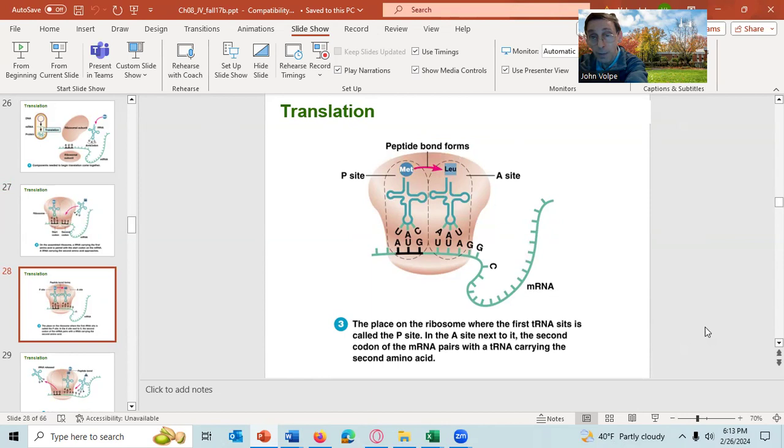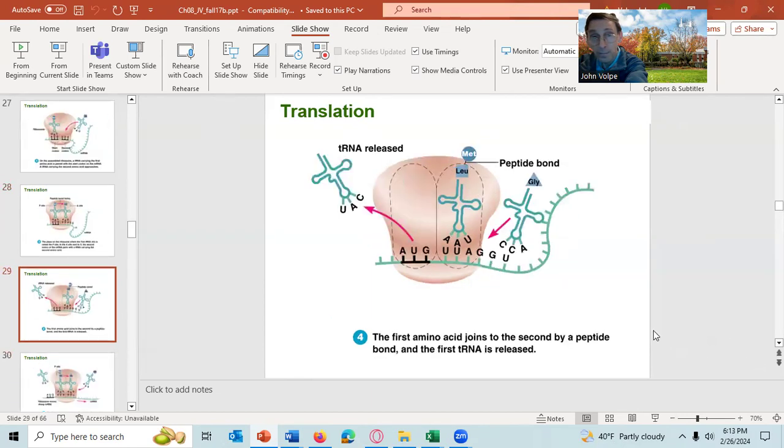All right. When that happens, this ribosome actually moves down a site, and then what was in this first site becomes the exit site, which we're not going to cover. But the first tRNA can then fall off because it doesn't have an amino acid here.